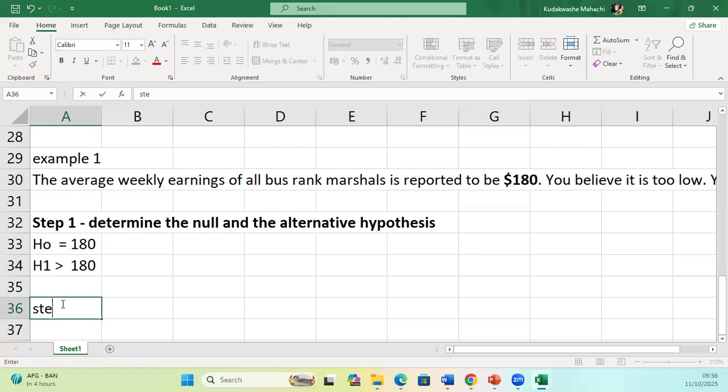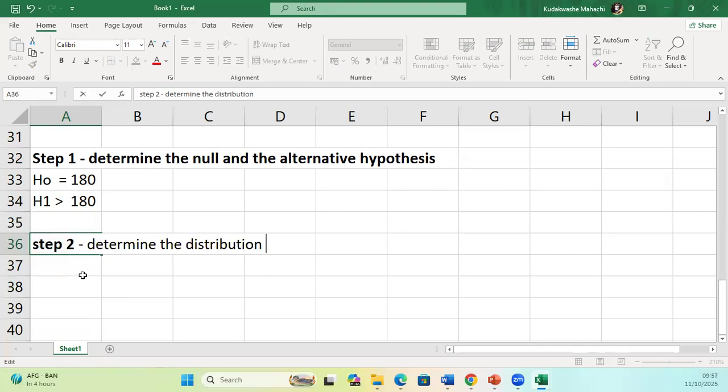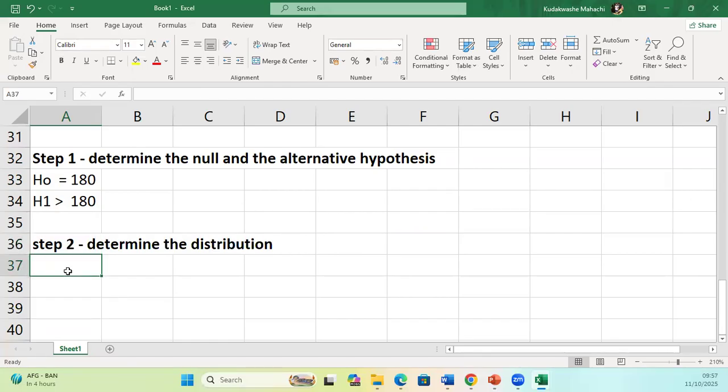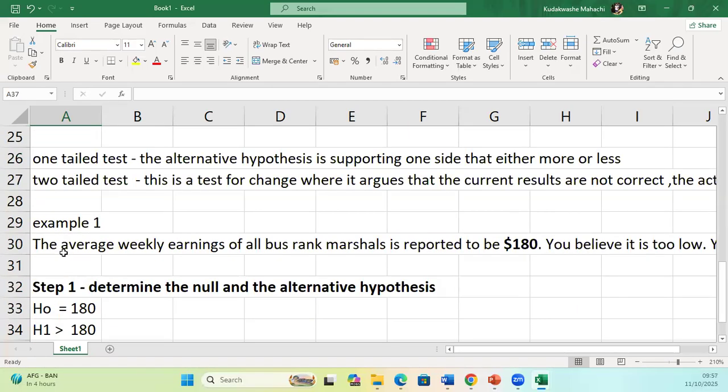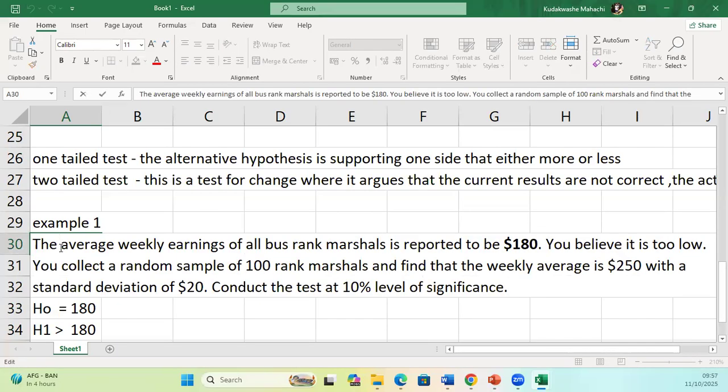Then step number 2: we need to determine the distribution. So determining the distribution, we look at, do we have the standard deviation of the population?